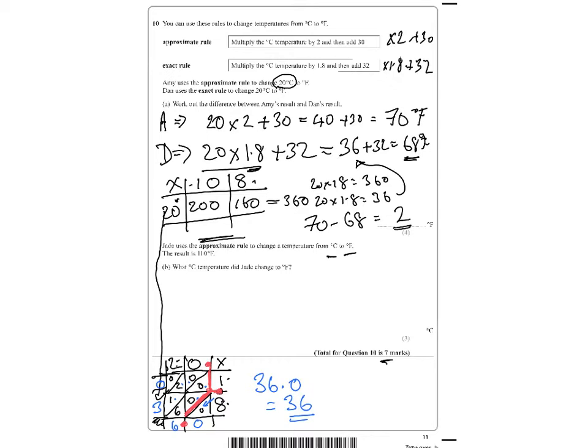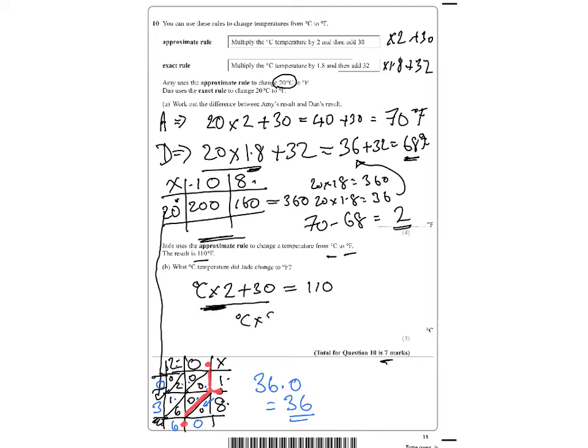So we're using the approximate rule, so I know, therefore, that I've got a temperature in degrees C, which I have to multiply by 2, I add on 30, and my answer is 110.